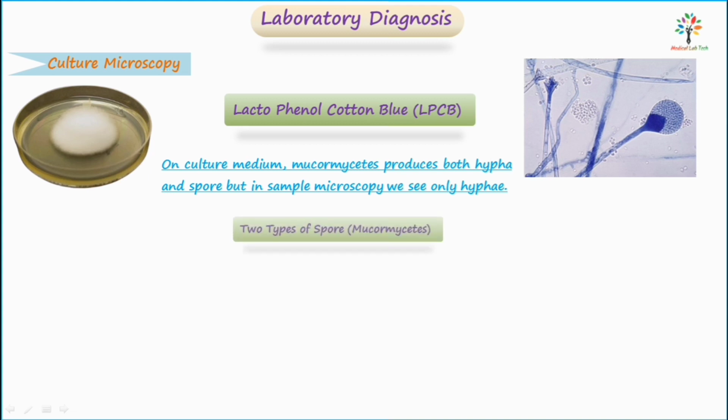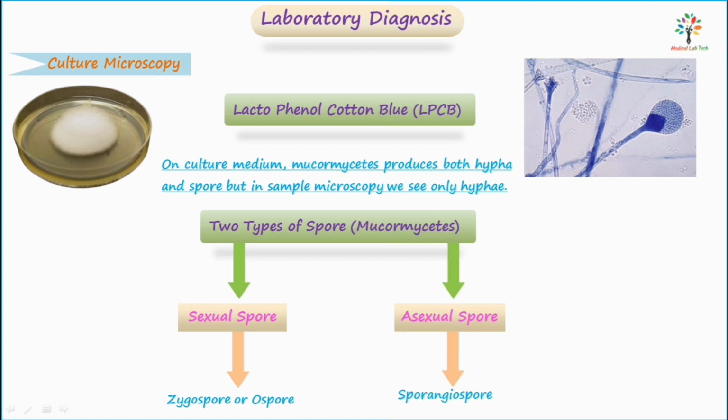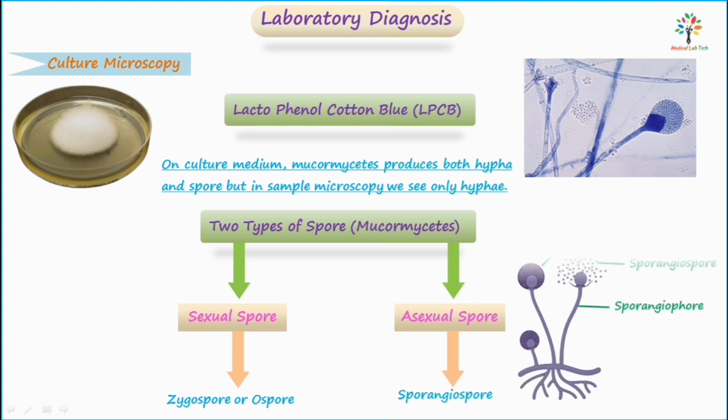Mucormycosis has two types of spores. Sexual spores, which are known as zygospores or oospores. Asexual spores, which are known as sporangiospores. Sporangiospores are formed within a sporangium. This is the sporangium. Inside this sporangium, sporangiospores are there.